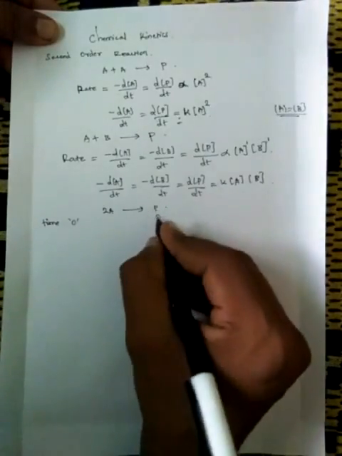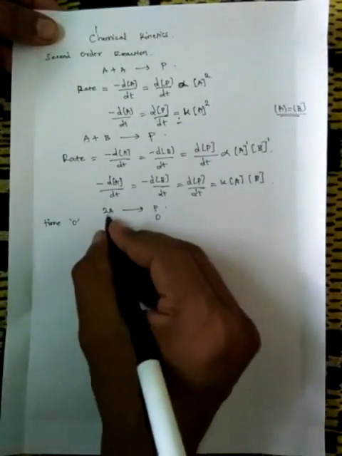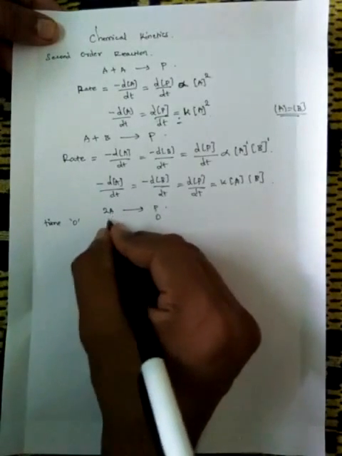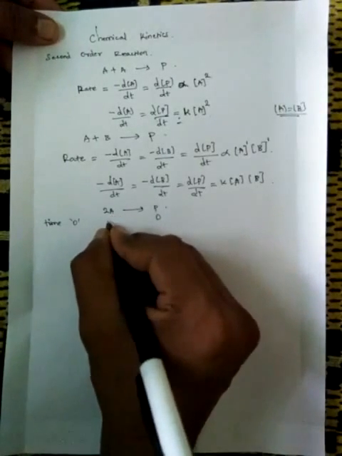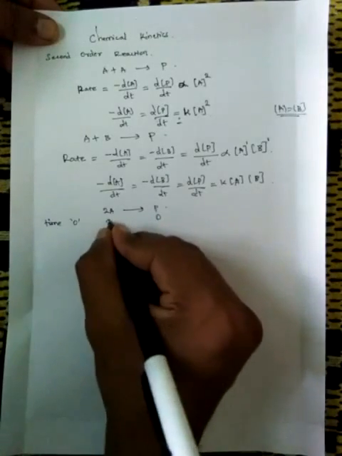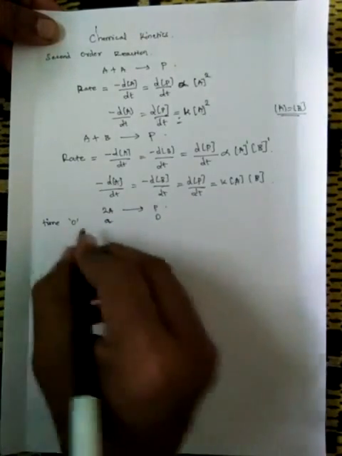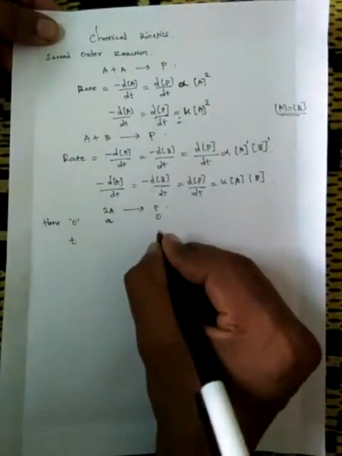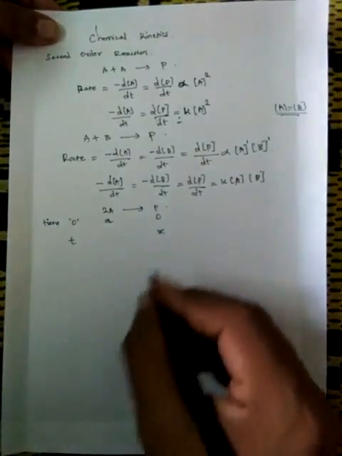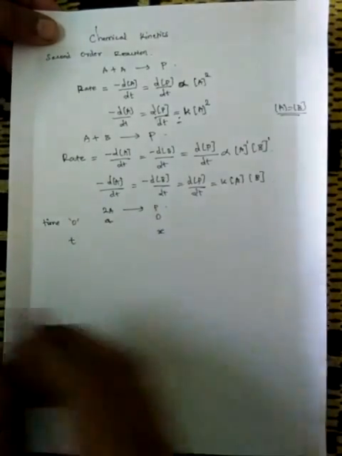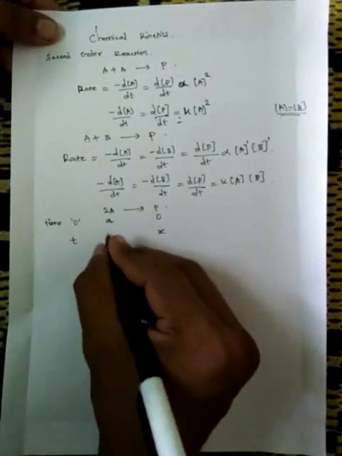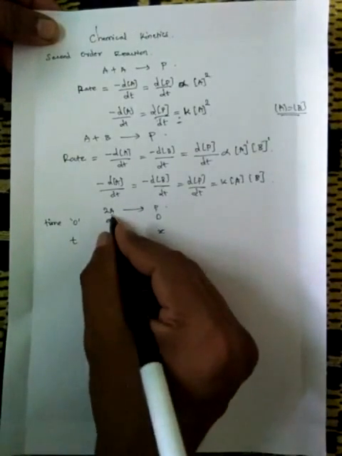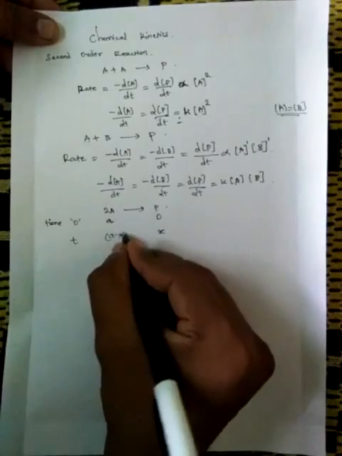The concentration of product will be 0. And then the reactant concentration, the concentration of reacting molecule, let me assume A mole per liter. After some time, say at time t, X mole per liter of product is formed. How much remains? The concentration of unreacted A molecule will be A minus X mole per liter.